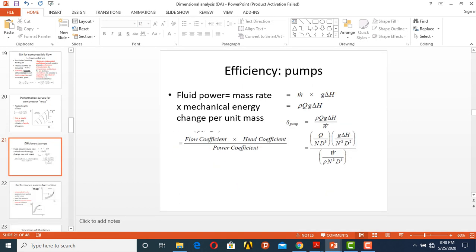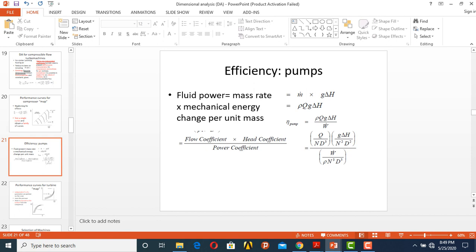The efficiency of pumps is anchored on how much energy the water has received against the energy added. So in this case, it's the mass flow rate multiplied by specific energy, which is the energy added to the water, and then we divide it by the shaft power.